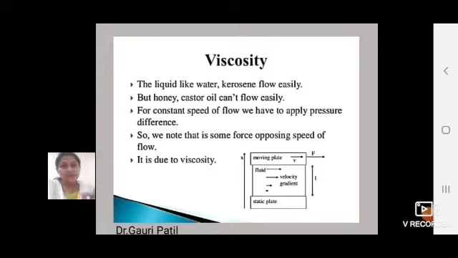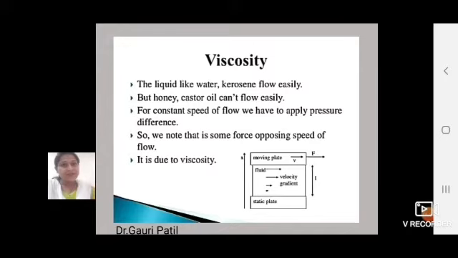We know that there is a force opposing the speed of flow, and this is due to viscosity. I will repeat again: viscosity is the property of a fluid by virtue of which it opposes the relative motion between the adjacent layers of the fluid.